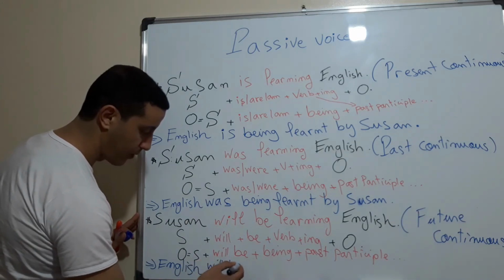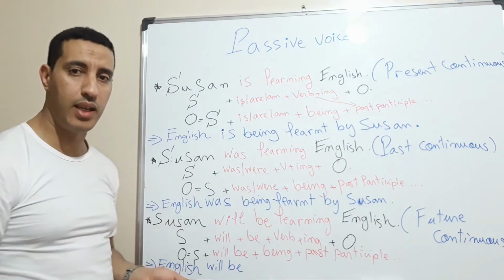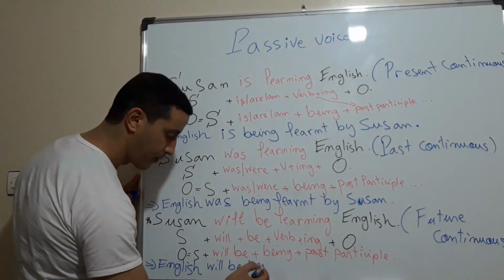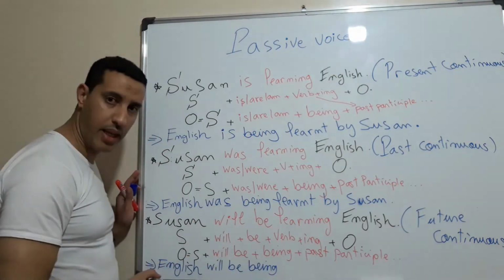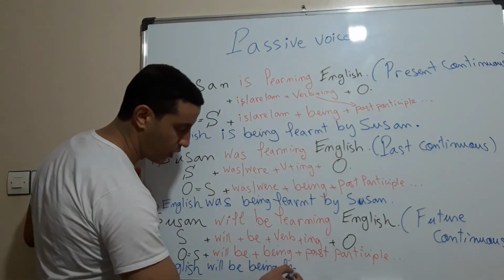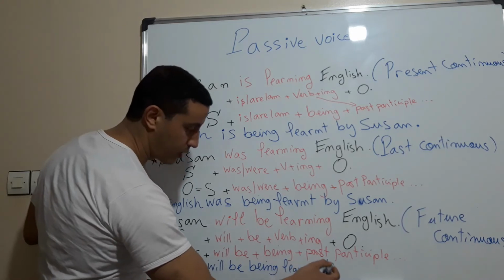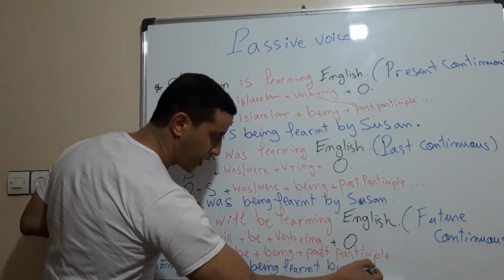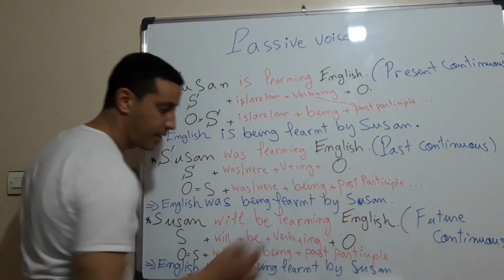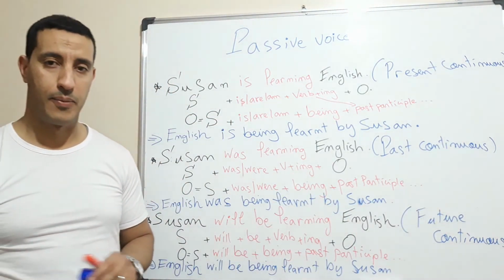And then we need the verb to be in ing form because we are continuous. So will be being. Will be being what? Past participle of learn. It's learned. So will be learned by Susan. And then it's so clear.